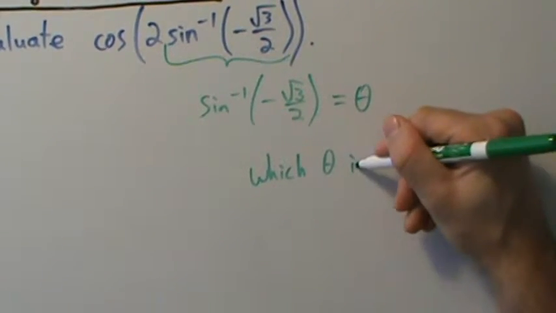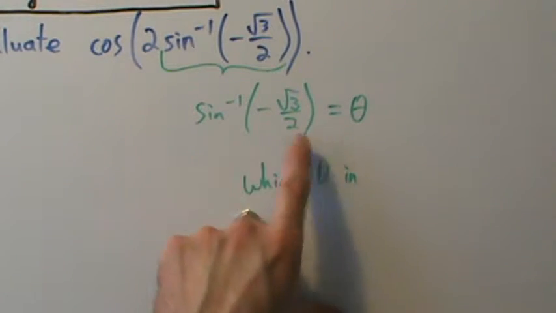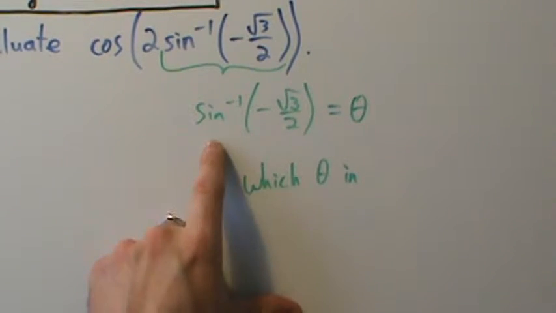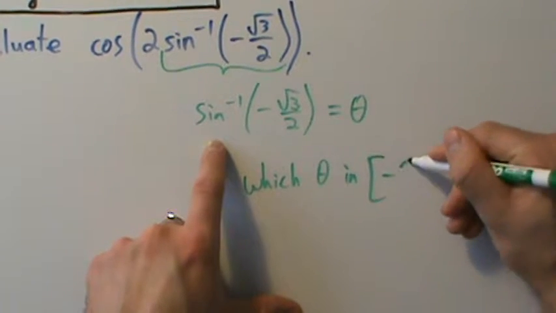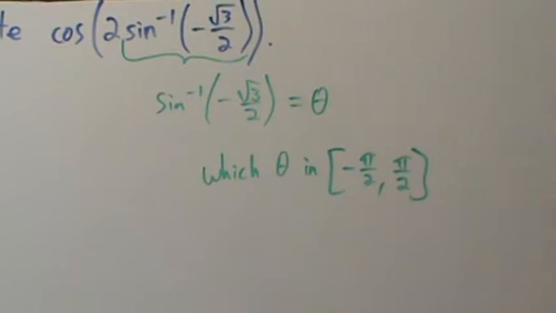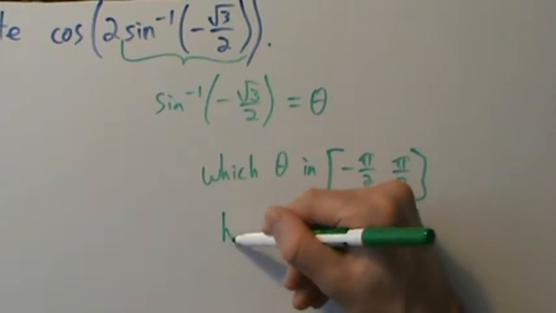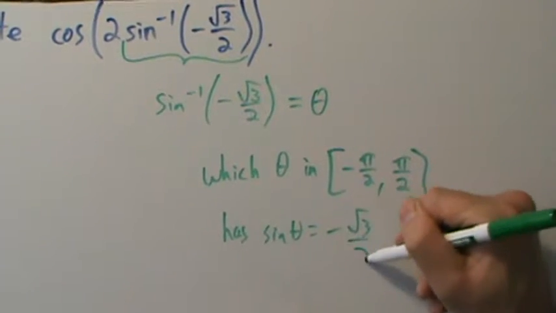Which theta in the range of the inverse sine function? Remember, theta has to be in the range of the inverse sine function. And what's the range of the inverse sine function? It's negative pi over 2 to positive pi over 2. So which theta in this interval has sine of theta equal to negative root 3 over 2?